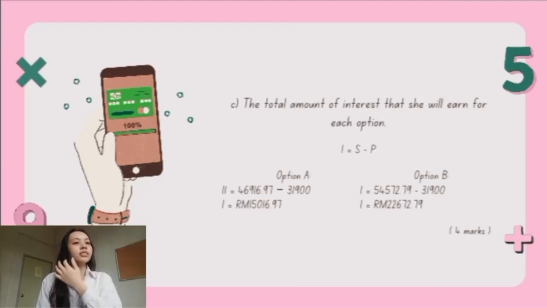So the interest for option A is 15,016.79. For option B, the calculation is 54,572.79 minus 31,900. The answer will be 22,672.79. To calculate this whole answer, we'll get full marks, which is 4 marks.